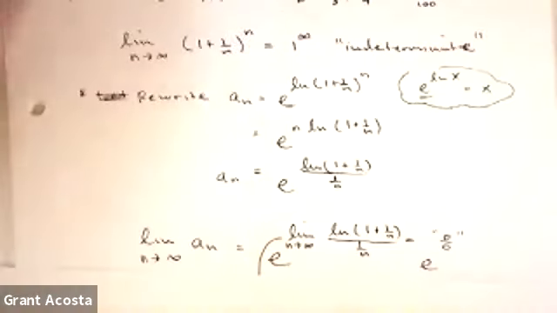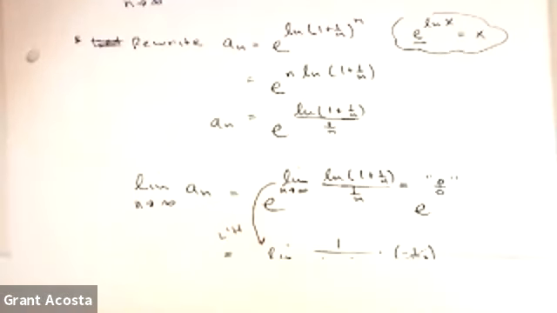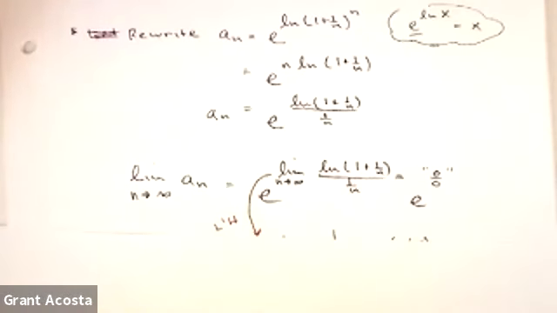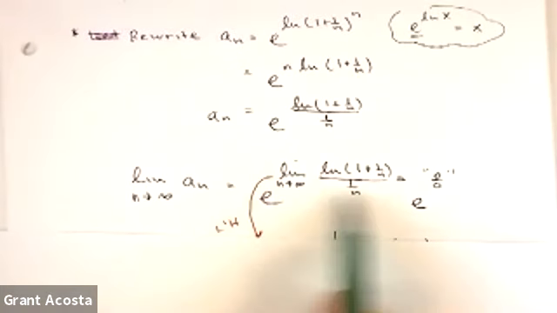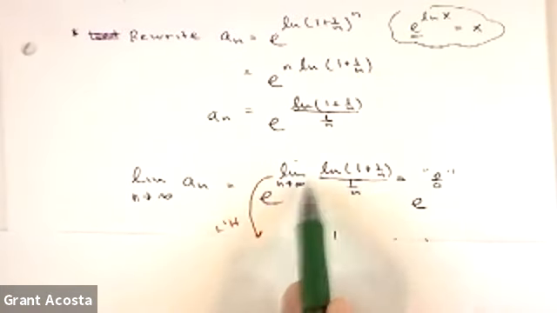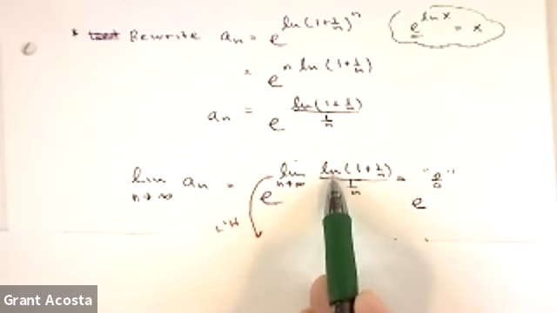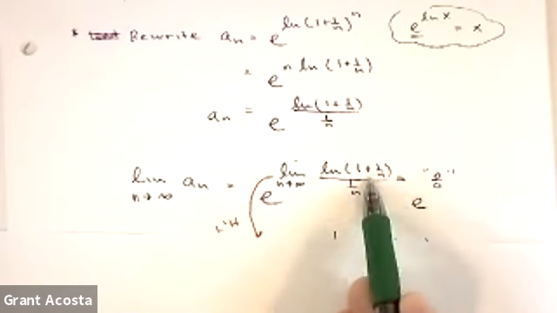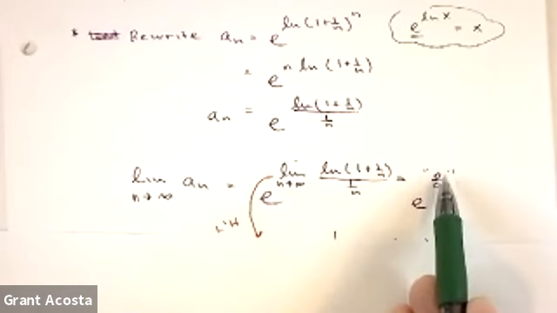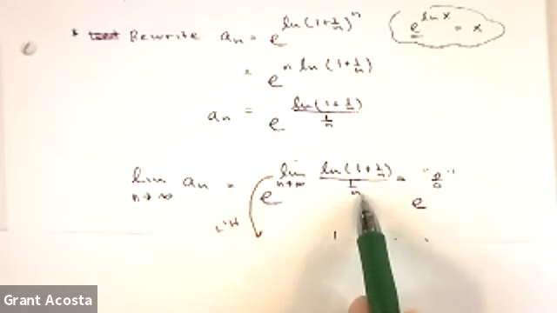Now, if we look at the limit as n goes to infinity, where in the exponent, n's going to infinity, we have the natural log of 1 plus, this is going to get closer to 0. The natural log of 1 will go to 0, and 1 over infinity will go to 0.